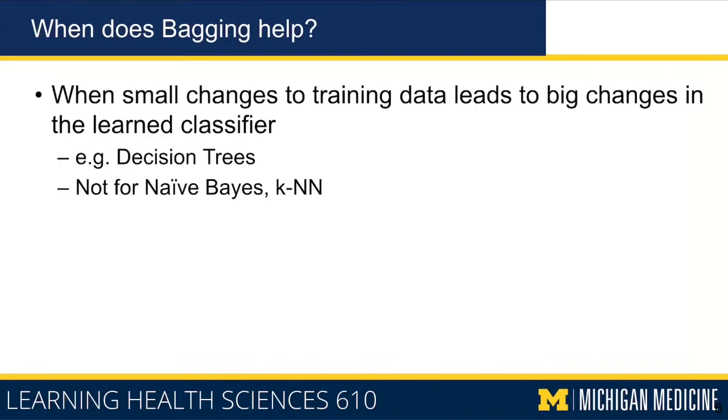But it is not a good idea for things like naive Bayes or k-nearest neighbor. The reason is because you are sampling from the underlying distribution. So the fact that you may have slight variation, which means that some points are not there in your sample or some points are repeated, does not really change the naive Bayes model that much because the underlying distribution is not really changing as much.